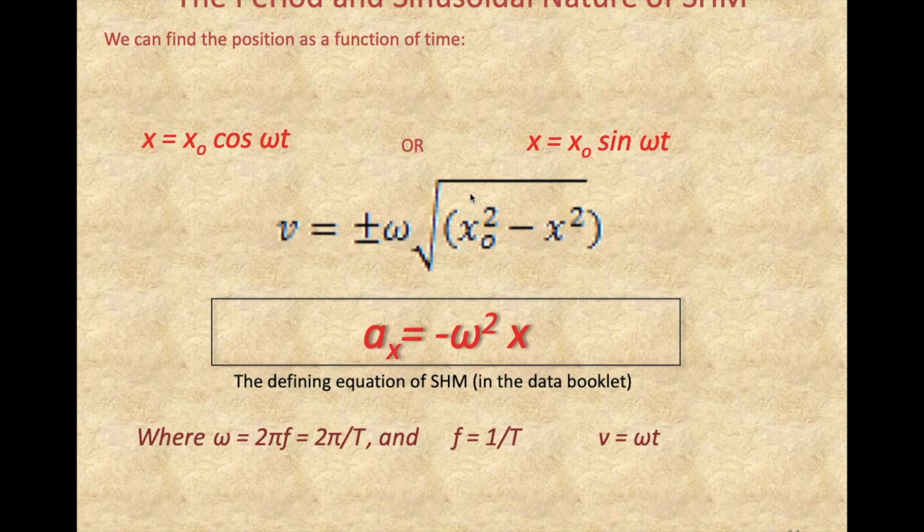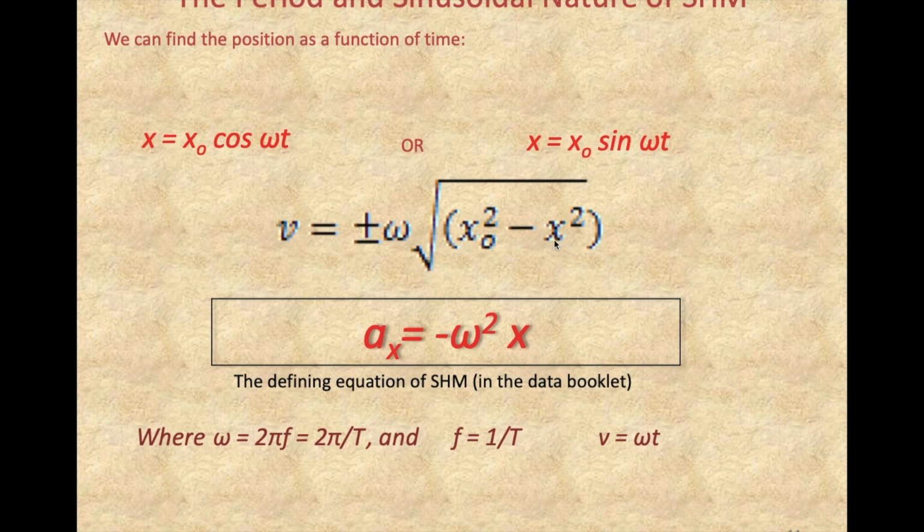Now, whatever you have as a choice for the position function, you will get acceleration as minus omega squared x. I will explain that in a minute, but while I'm here, let me tell you about this one. This is a formula that is given in the data booklet. It's similar to the timeless formula in the equations of motion in topic 2.